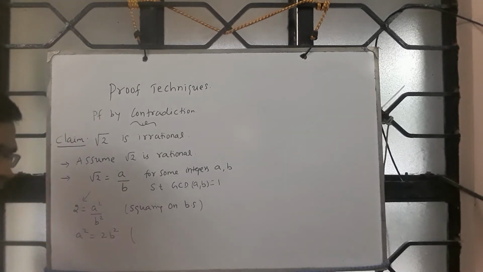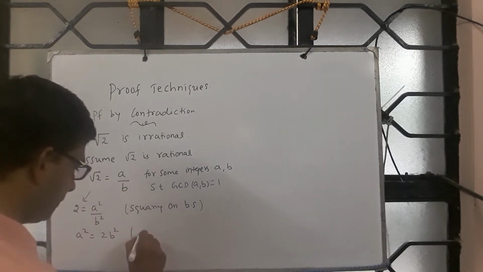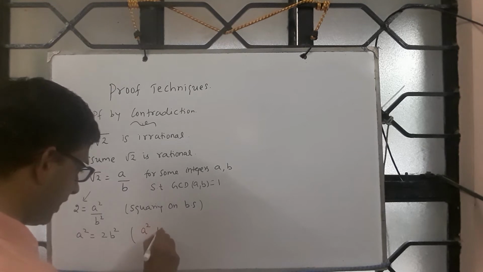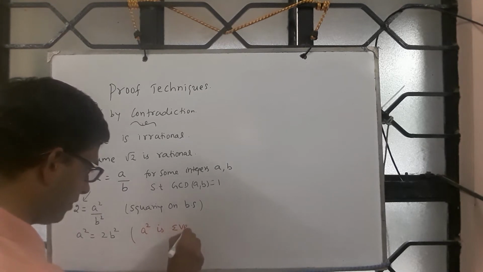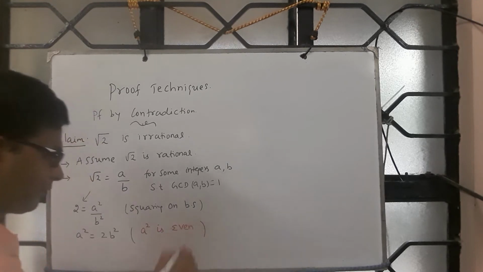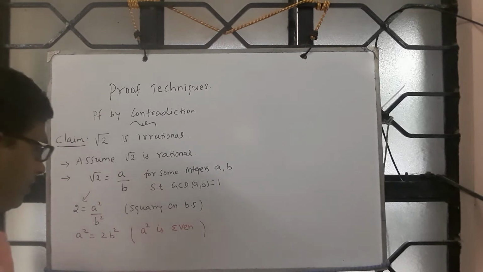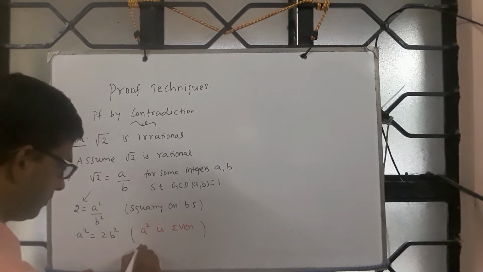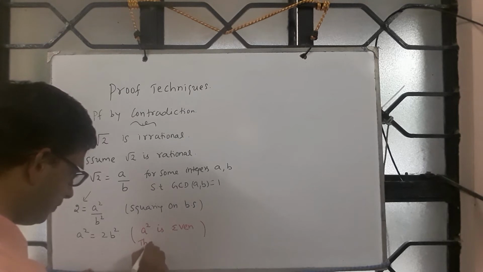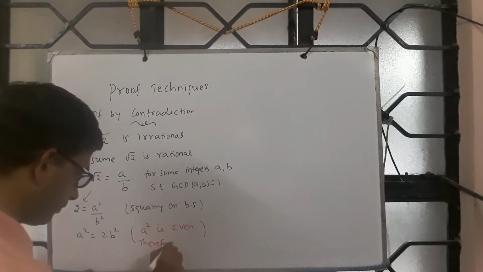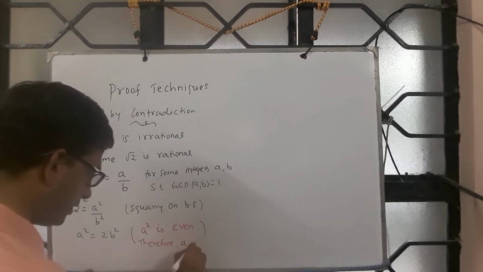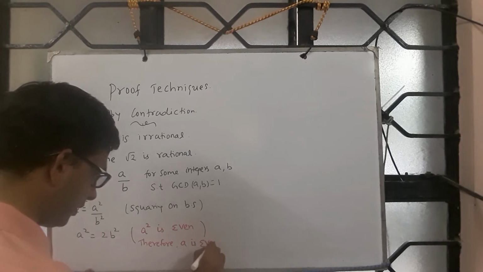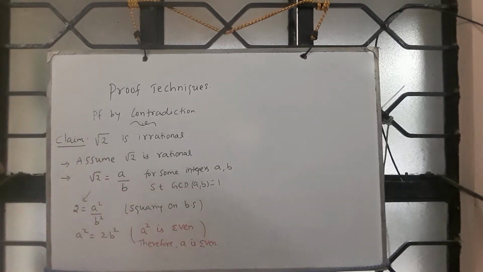A square is equal to 2b square, which means a square is even. Correct? Now we are saying a square is even, therefore a is even.